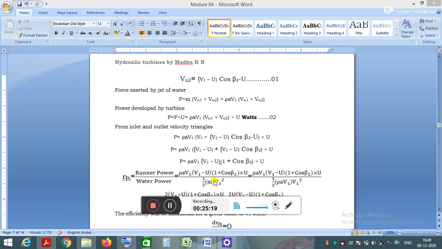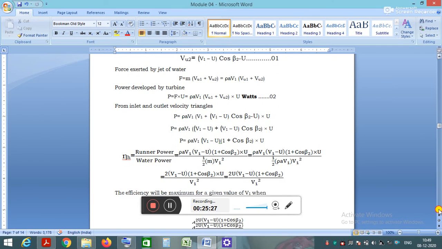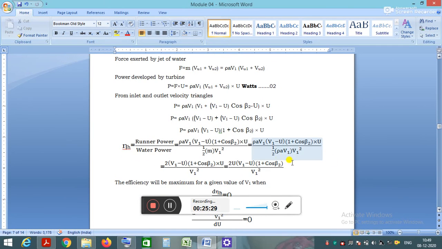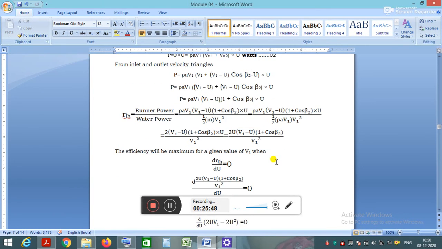Therefore, it is given by half into rho a V1 into V1 square. Rho a V1 gets cancelled, 2 shifts to the numerator. Therefore, we will get the equation of hydraulic efficiency as 2u into (V1 minus u) into (1 plus cos beta 2) divided by V1 square.